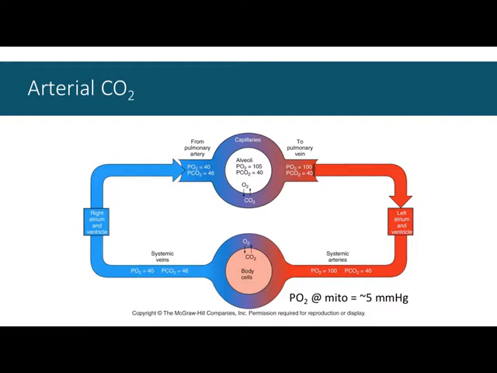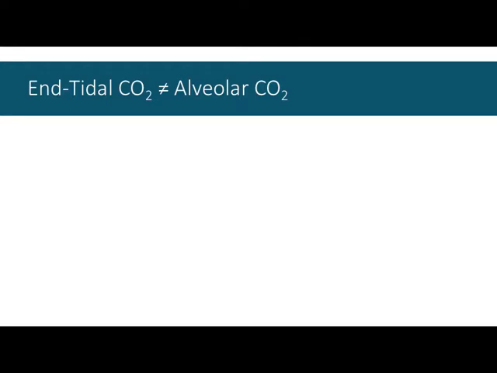Approximately 40 millimeters of mercury in the alveoli, approximately 40 in the arterial circulation, more than that on the venous incoming. But this should be end tidal CO2. But it's not. Wild card. At this point, I need to throw a monkey wrench into our plans.